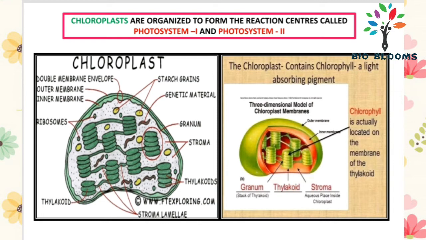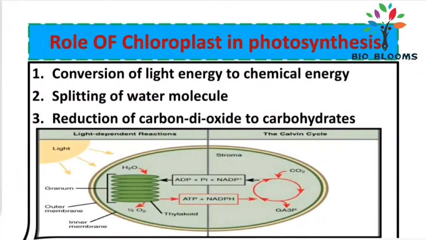So the chloroplasts are organized to form the reaction centers called photosystem 1 and photosystem 2. And here you can see the ultrastructure of the chloroplast, where thylakoids are piled up in a stack, and this stack of thylakoids is called granum or grana. What is the role of chloroplast in photosynthesis?